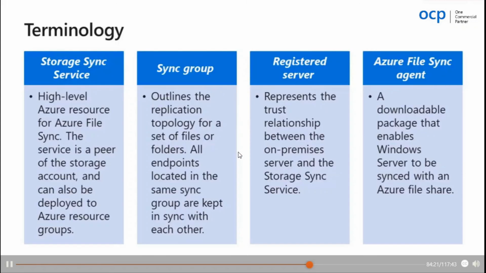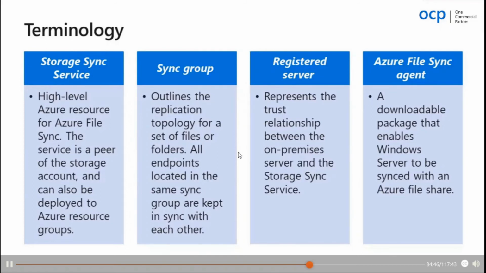So in terms of terminology, what do we have here? We have the storage sync service, a high-level Azure resource that basically attaches the Azure file share. Then I have the sync group, which outlines the replication topology for a set of files and folders.